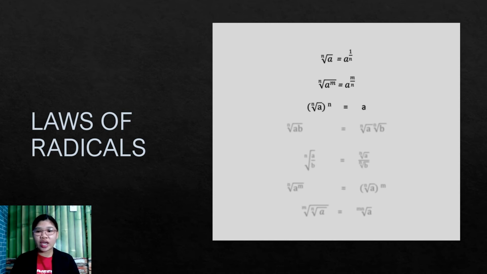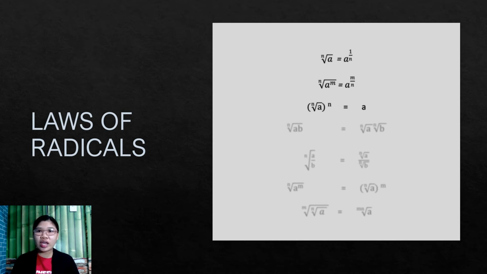Now we have here, if the nth root of a is raised to the exponent n, that means it is equal to a. Because technically, the nth root of a is equal to a raised to 1 over n.